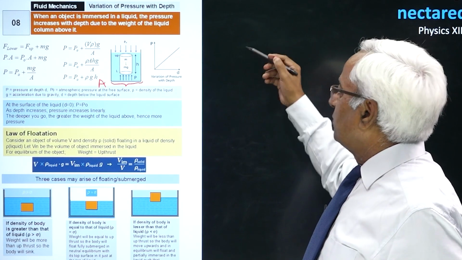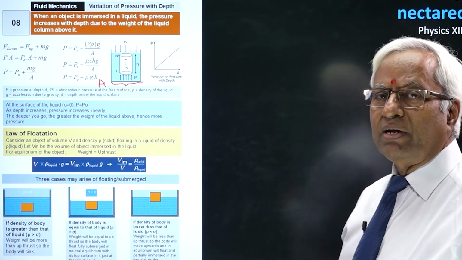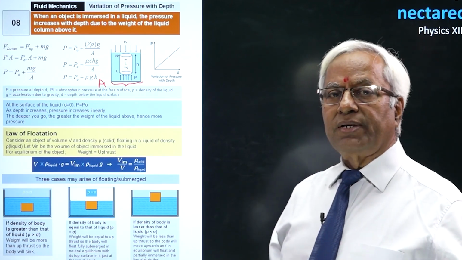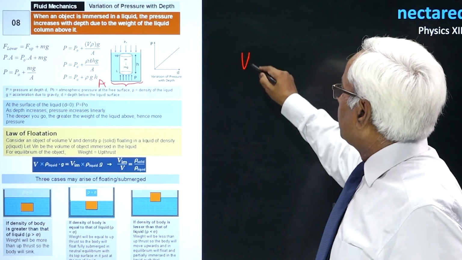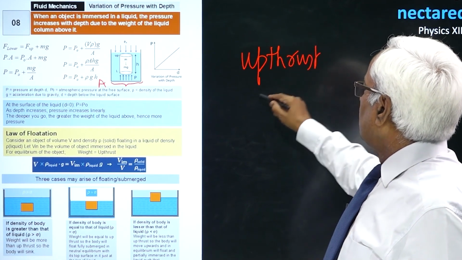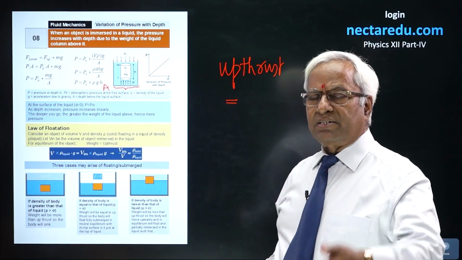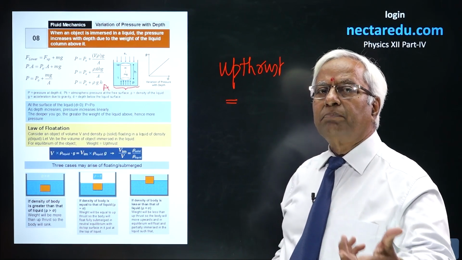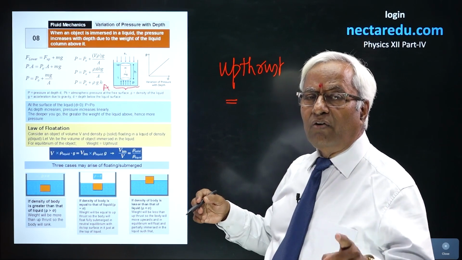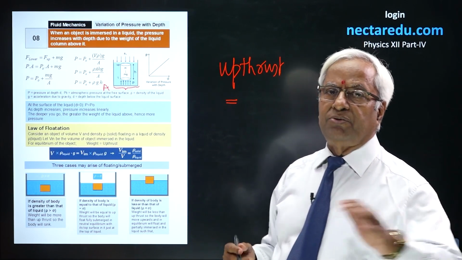But whenever, according to Archimedes' principle, a body is immersed in a liquid, there is upthrust. Thrust means a pressure. Upward acting pressure is known as upthrust. Upthrust is equal to the weight of displaced fluid.